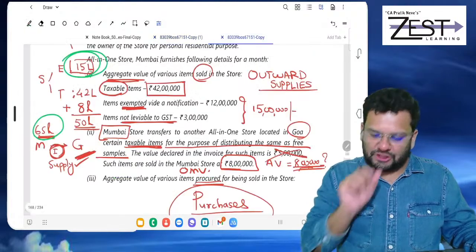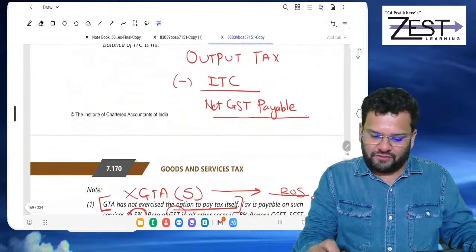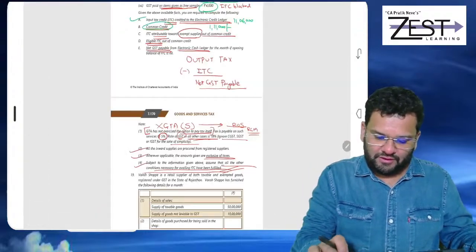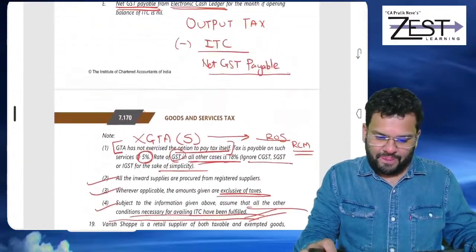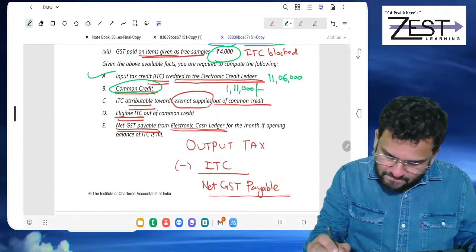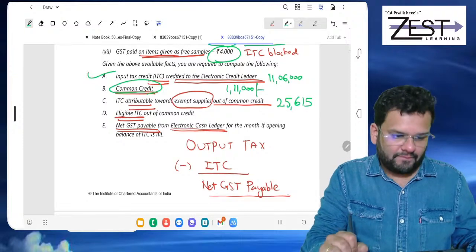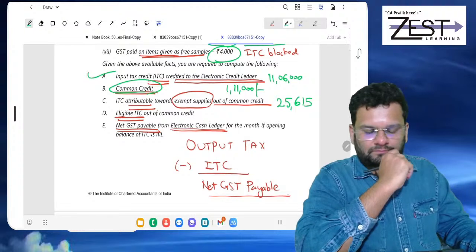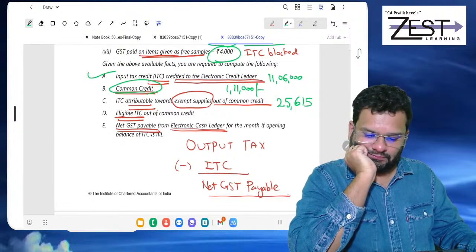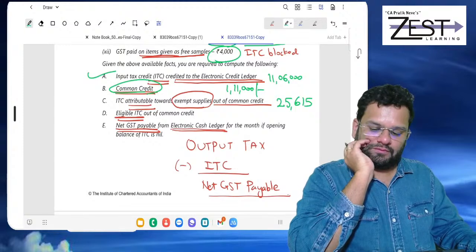Say, see in the chat window as you get it. 25,615. Now, can I go ahead?